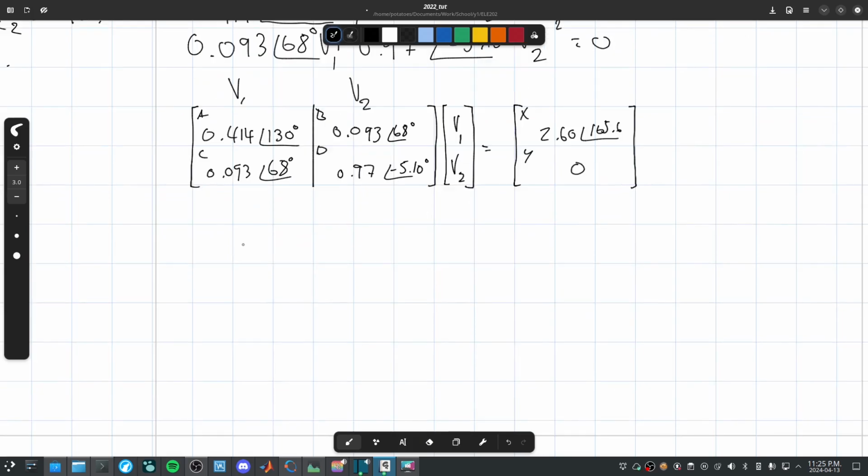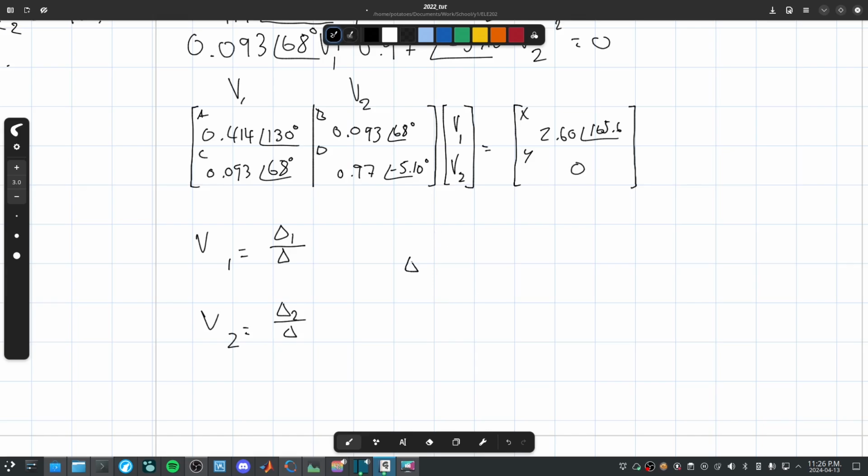Cramer's rule states that x1 is equal to the first determinant over the total determinant, and that x2 is equal to the second determinant over this total determinant. x1 and x2 in this case are v1 and v2. So let's replace that. Okay, what's determinant 1, determinant 2, and total determinant?